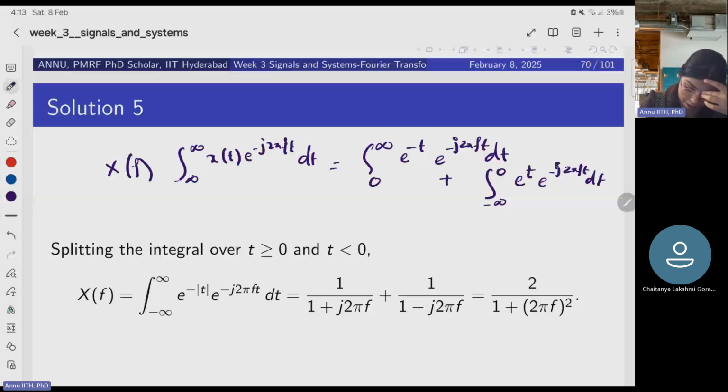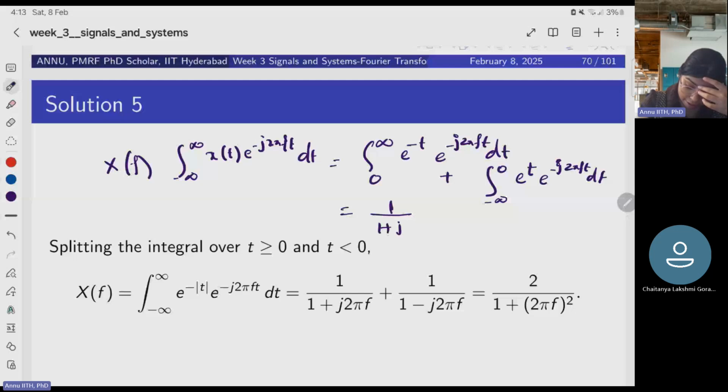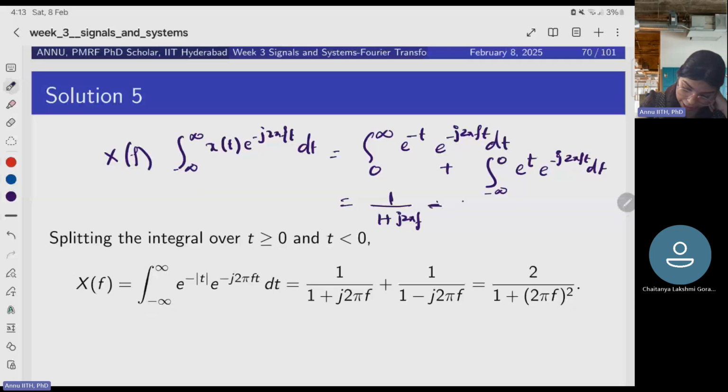So 1 upon 1 plus j 2 pi f. Whereas this can be represented as: this is a plus j omega, and this is plus 1 plus a minus j omega, j 2 pi f.